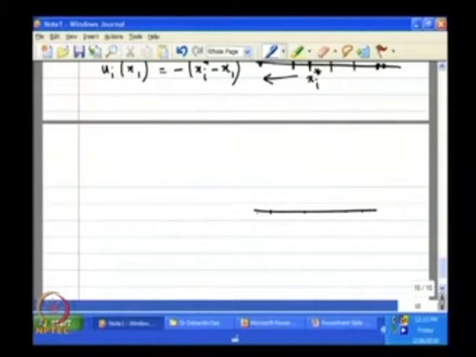What will be important is that in this distribution there is going to be a median. Let us call that median small m.